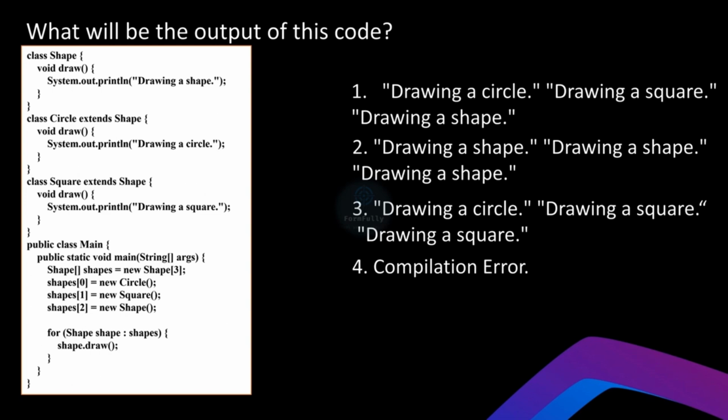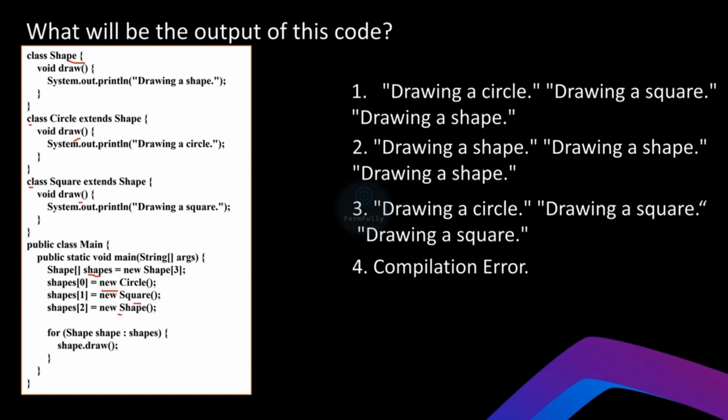In this code, we have a class hierarchy that includes the Shape class as the base class and two subclasses, Circle and Square. Each of the subclasses overrides the draw method with its own implementation, right? The main method demonstrates polymorphism by creating an array of Shape objects and assigning instances of Circle, Square, and the base Shape class to it.